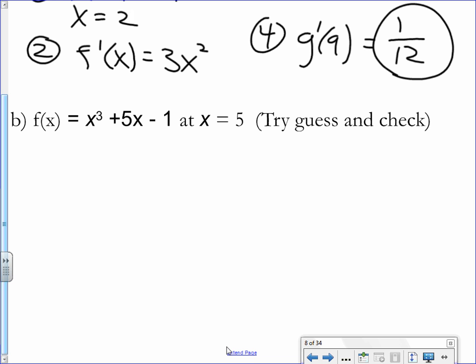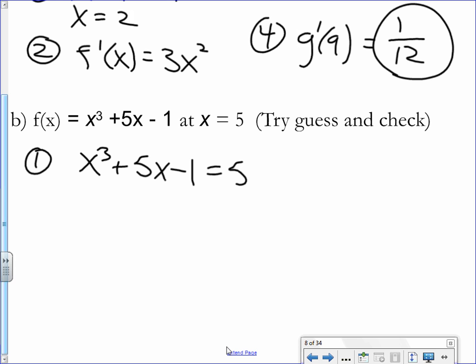Okay, you want to find the derivative of the inverse of f at 5. What's the first thing you got to do? Set it equal. And this you can just do guess and check. X cubed plus 5x minus 1 equals 5. Think of a number mentally, plug it in for x, see if you can get the sides equal. Easy numbers. That's what they tend to do on the AP, so you don't need a calculator.